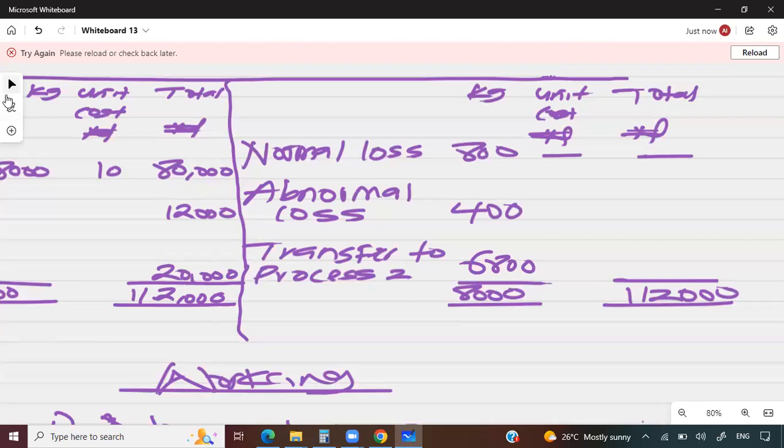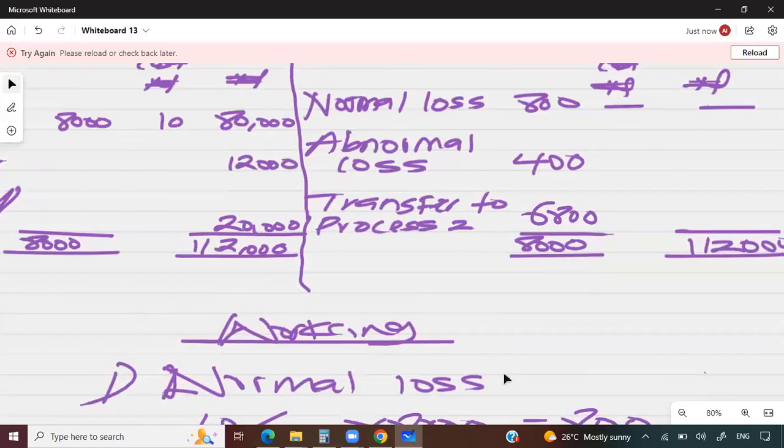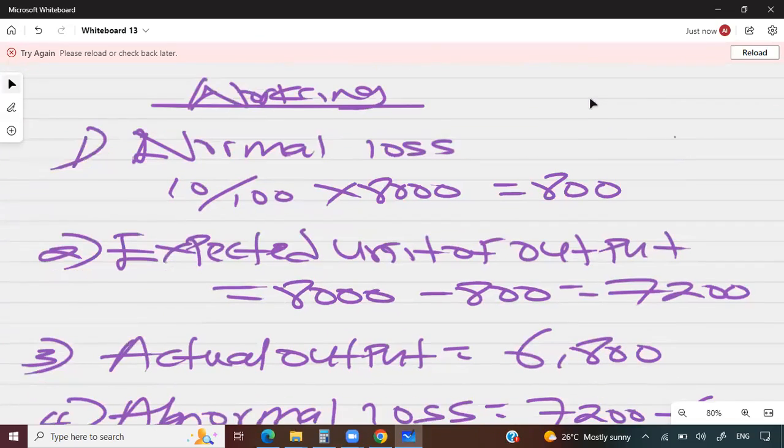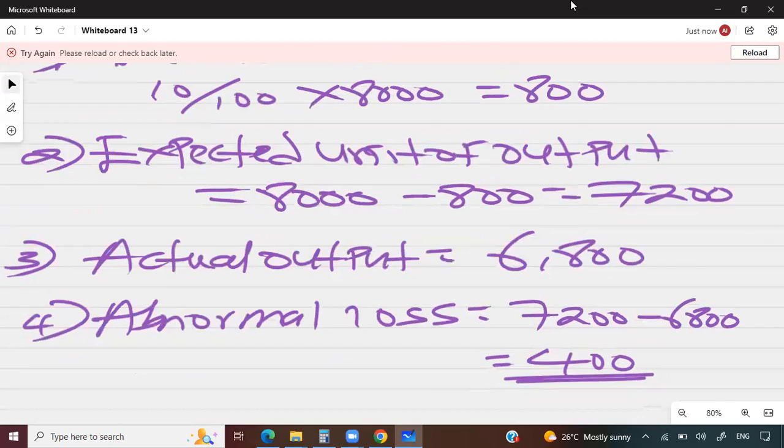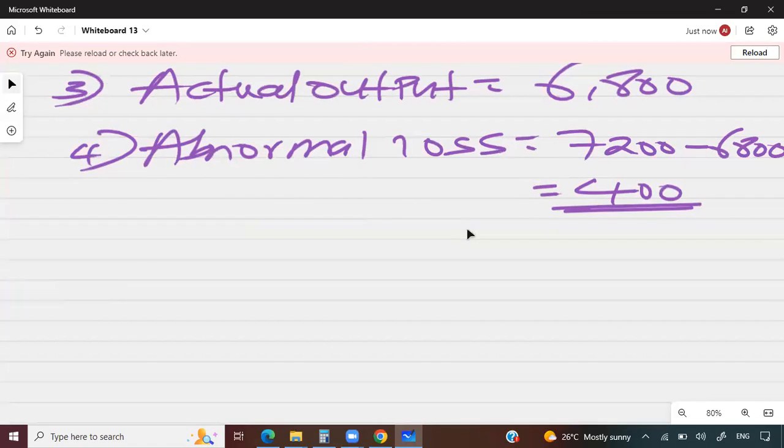So what we need to do now is find the price to use for the transfer. In the exam, all this one I'm doing is not really necessary. So you say cost per kg.